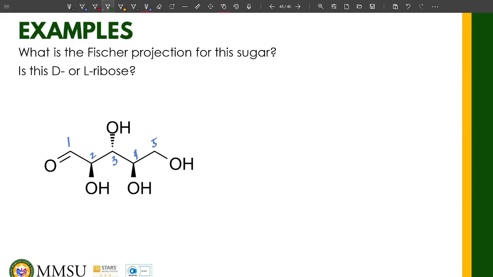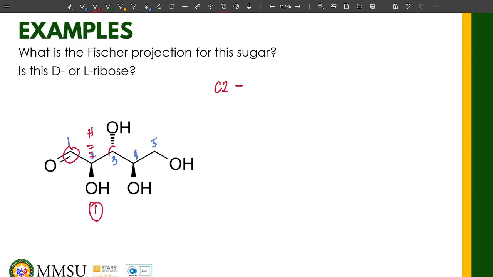So the OH is on C2. Here is your H, actually, the H is at the back, like a dash line. And this is your carbon, and this is your first priority.